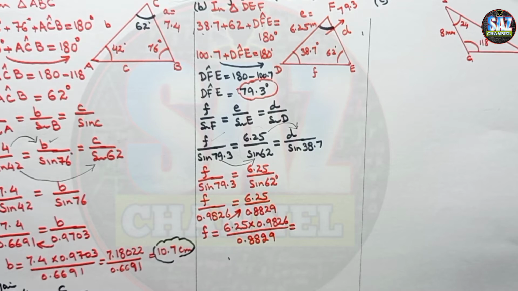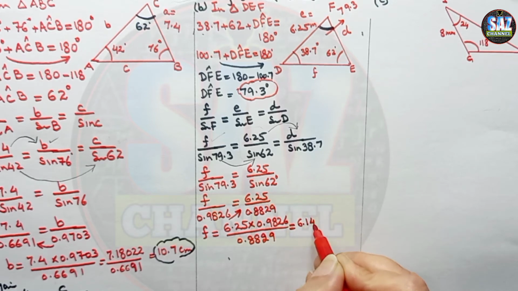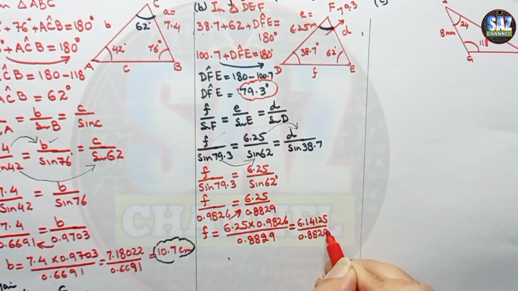6.25 multiplied by 0.9826, and I'm getting here 6.14125 upon 0.8829.